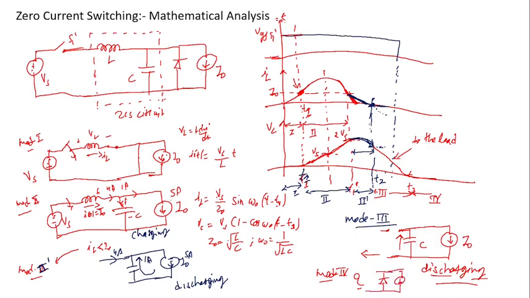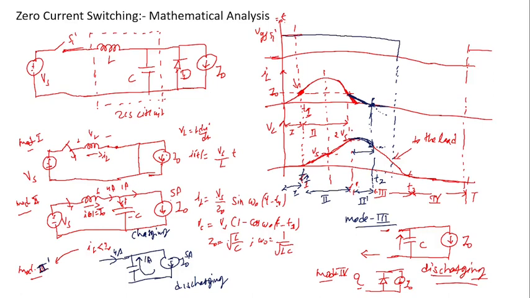So that I0 current will be carried by the diode D. After this mode 4, let's say till the total time period T, after this time period, the next cycle will repeat. So the same steps will happen for each time period.